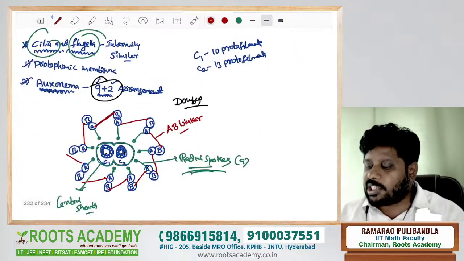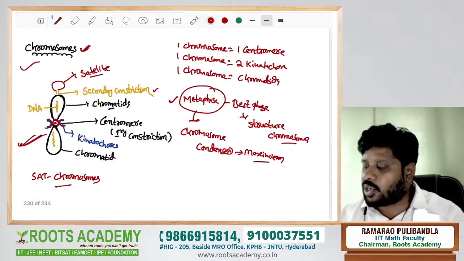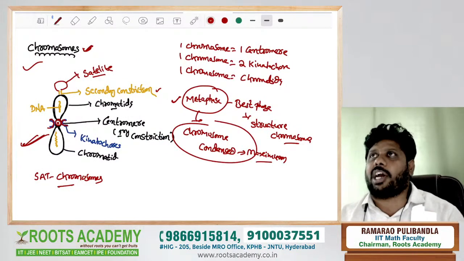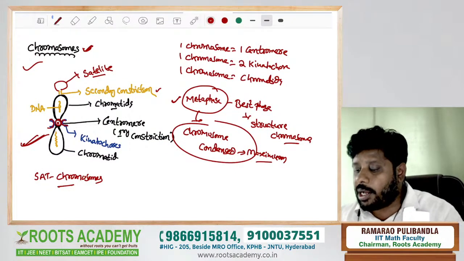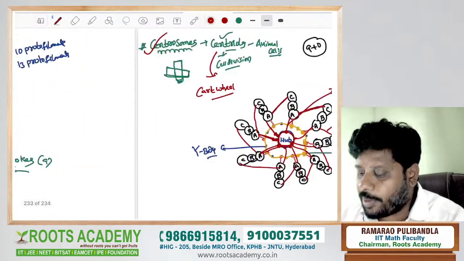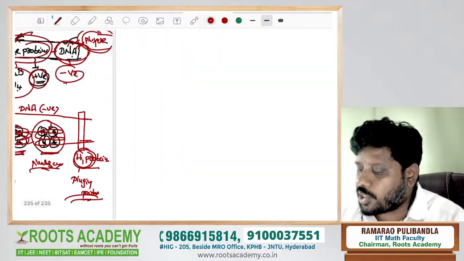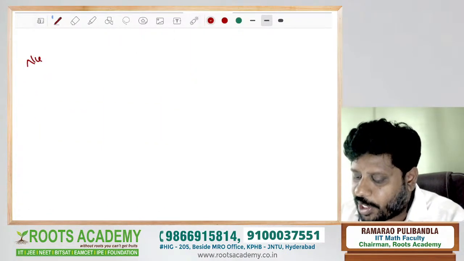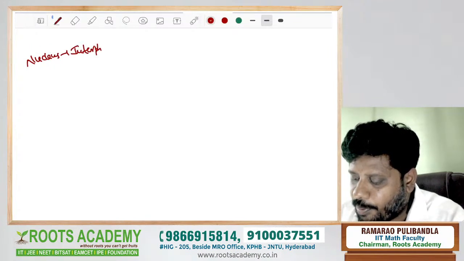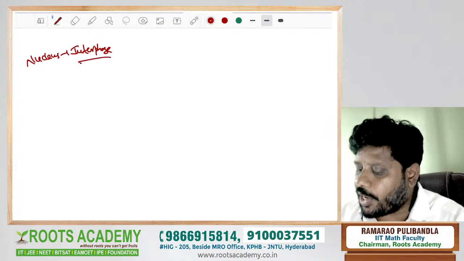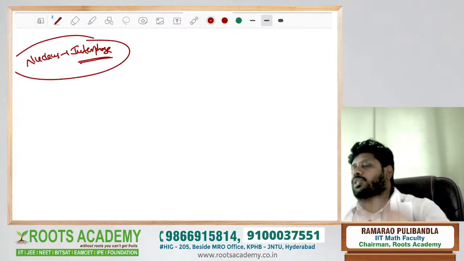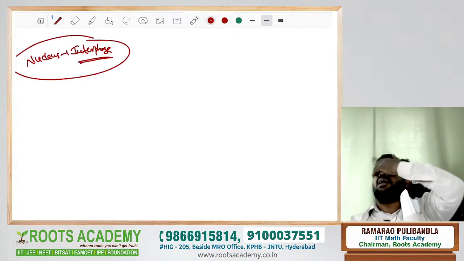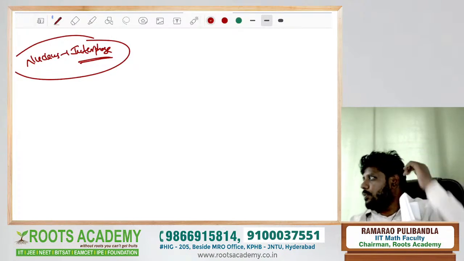And which phase is the best phase to study the structure of chromosome? Metaphase. Similarly, to study the structure of nucleus, write here, interphase is the best phase.